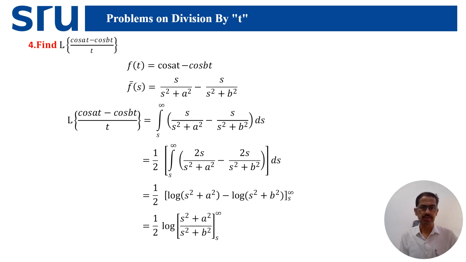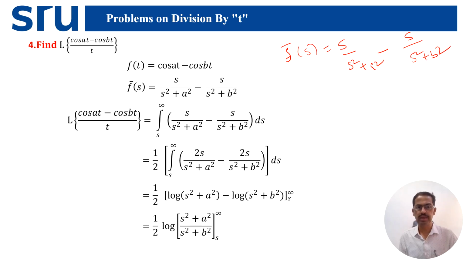Find the Laplace transform of cos at minus cos bt by t. So here f of t is cos at minus cos bt. Then f bar of s is the Laplace transform of cos at, s by s square plus a square, which we already discussed in the first lecture, and the Laplace transform of cos bt, s by s square plus b square.